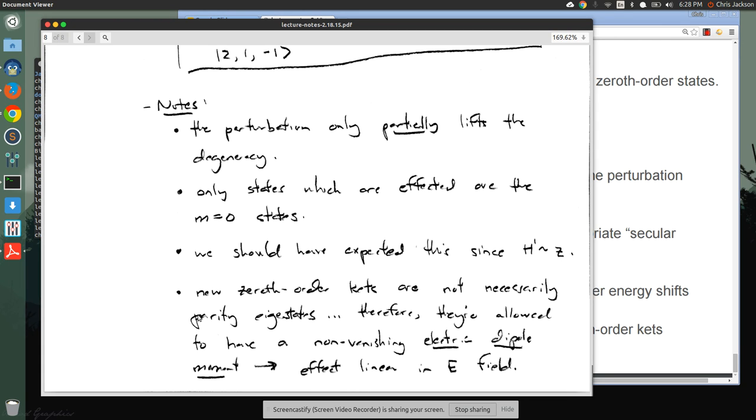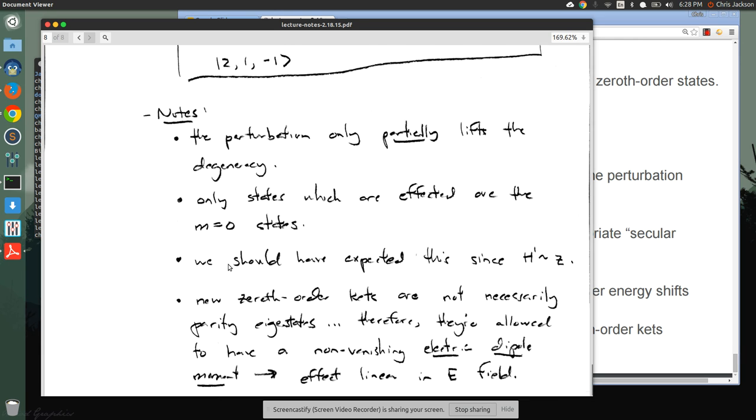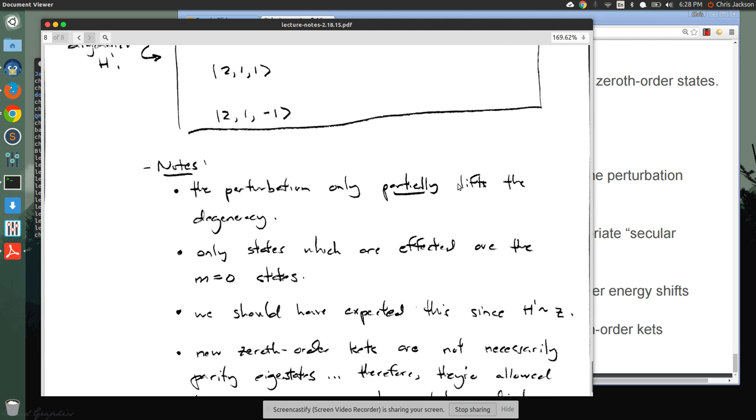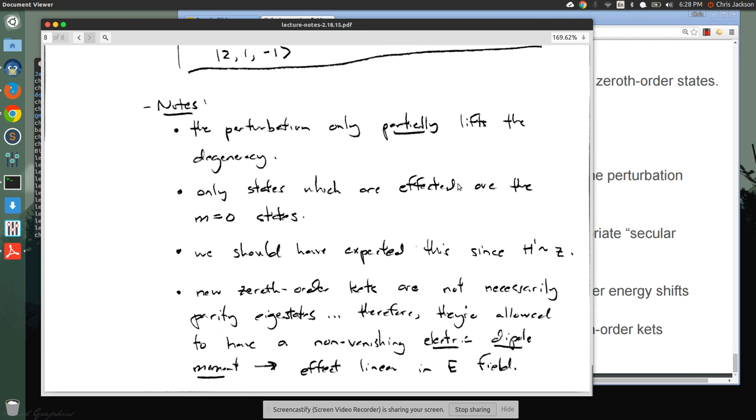Right? And now what we see is that the new 0th order kets are not necessarily parity eigenstates, right? Because now these guys are admixtures of L equals 0 and L equals 1. And remember, the parity goes like minus 1 to the L. Right? So therefore, they're allowed to have a non-vanishing electric dipole moment.